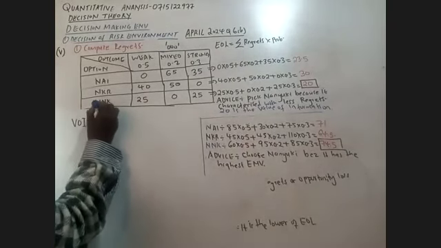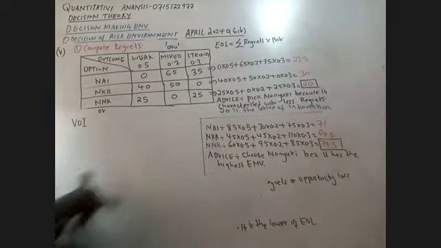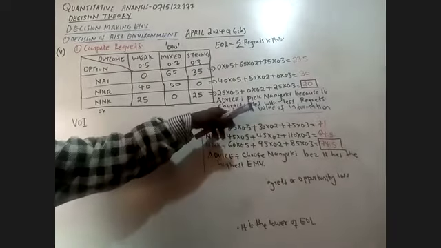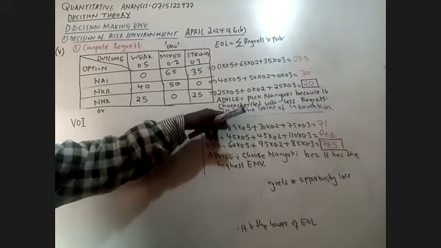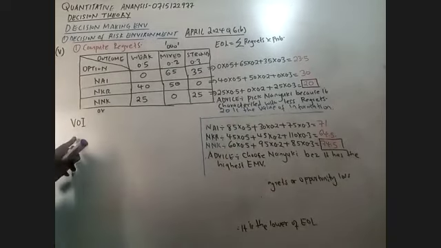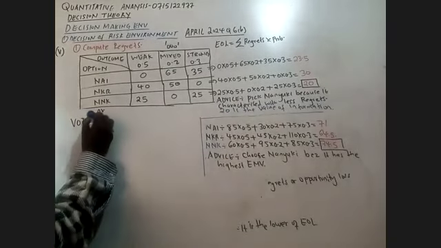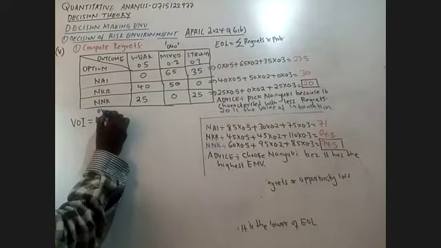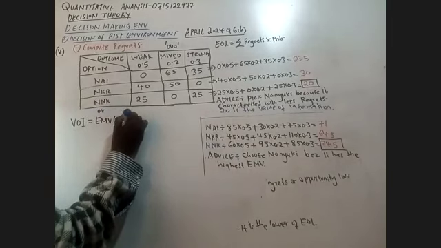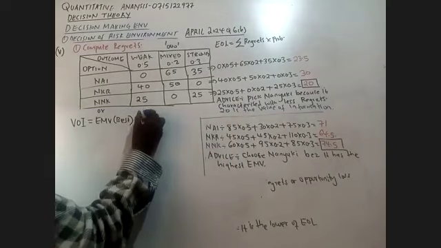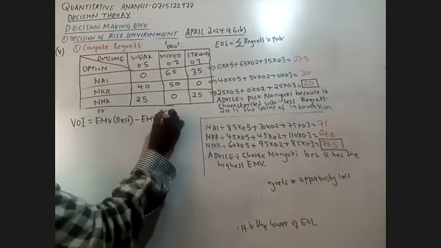So if this one is an OR, you can use this method. You can use this one, 20, which is a part of information, or you can use this one, which is equals to EMV of the best minus EMV of the chosen.